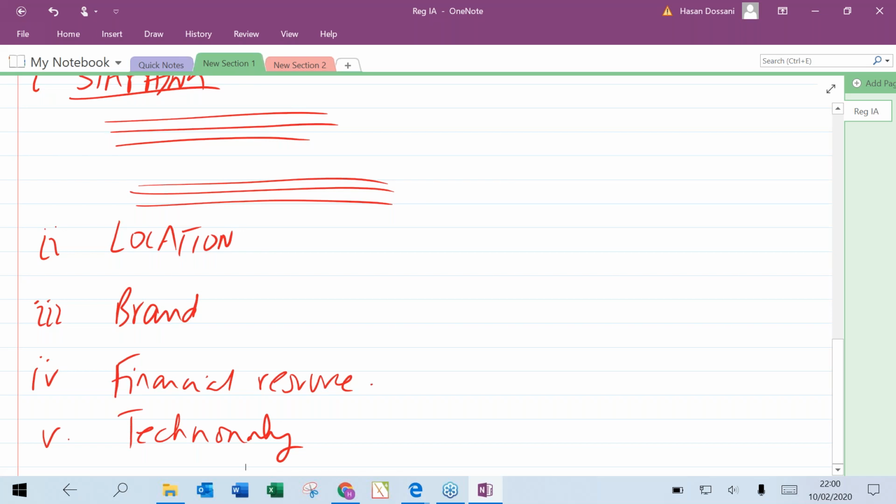Okay. When the examiner doesn't mind, why do we have to use models then? Okay. So if you see the examiner's suggested answer for this particular question, the examiner himself has used Porter Diamond. Okay. Let me admit that. But on top of that, he has also mentioned some internal factors like staffing and financial positions and this and that. But then he also mentioned that anybody who doesn't use Porter Diamond will also get equal marks as long as they logically cover all the important factors.